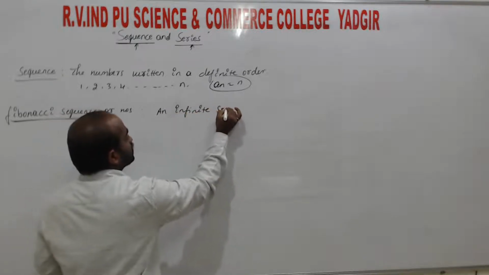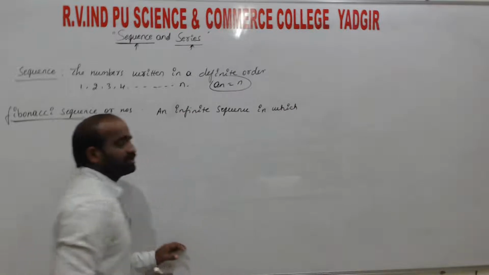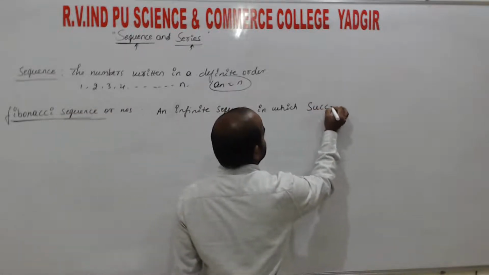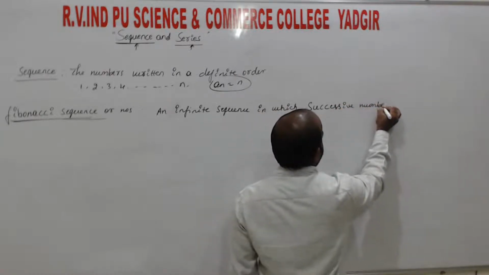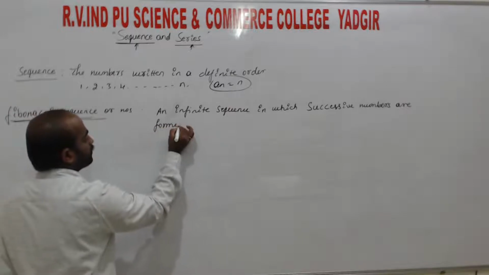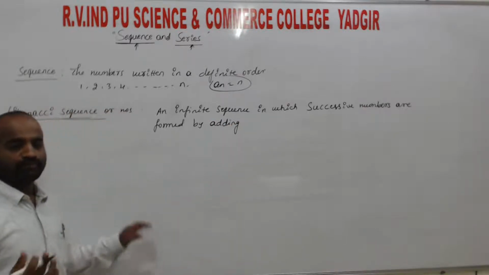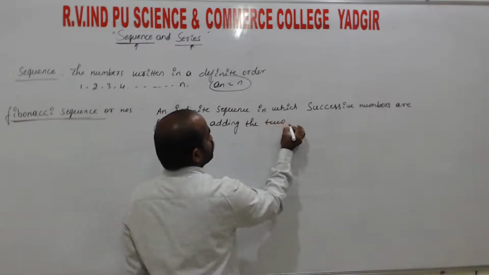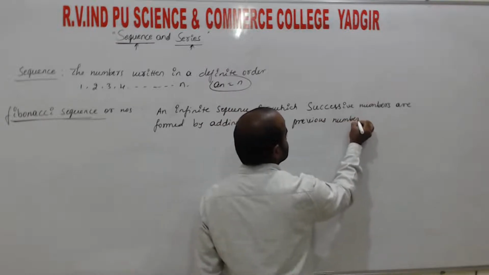An infinite sequence in which successive numbers are formed by adding the two previous numbers.